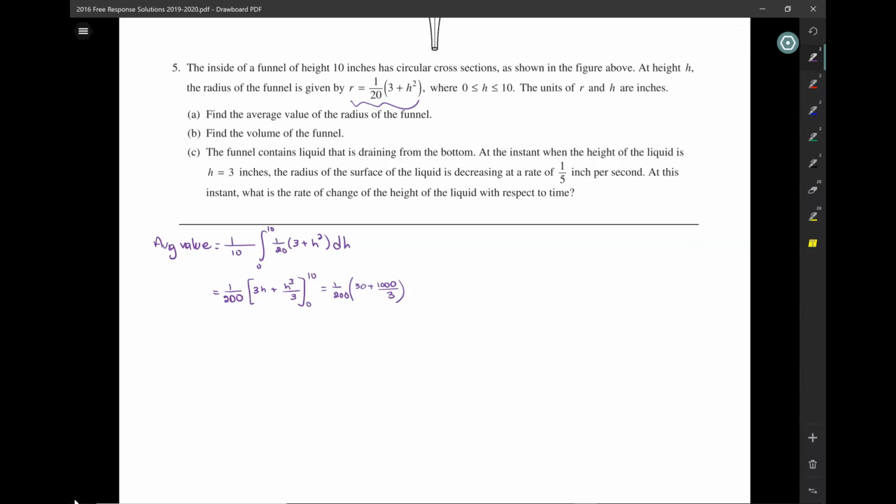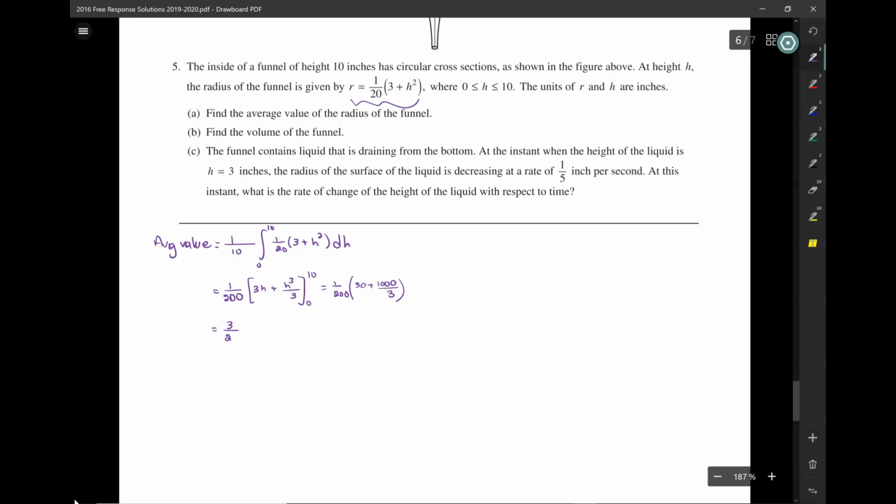So if I distribute the 200, I get 3 over 20 plus 10 over 6. And then if you do a common denominator, that's 109 over 60 inches. That's the average value. So that's part A.